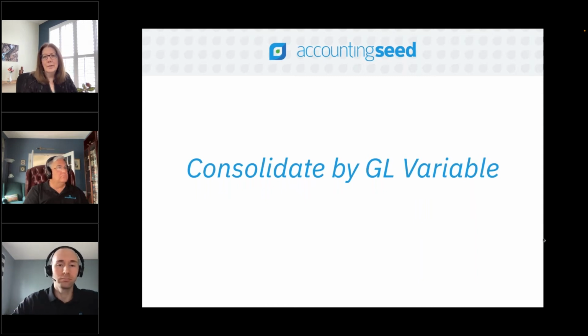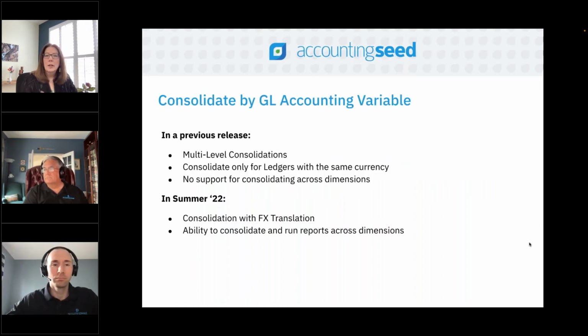Consolidating by GL variable. When you consolidate and you're viewing your consolidated results, you're going to want to view them across your dimensions. This is why you configure dimensions. Well, when we initially introduced consolidation, we did not give you that ability to consolidate across your GL accounting variables. We gave you multi-level consolidation.